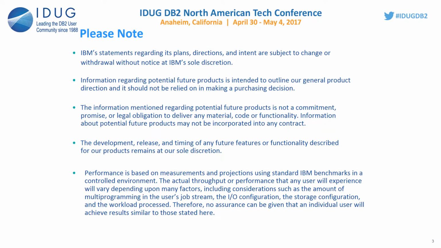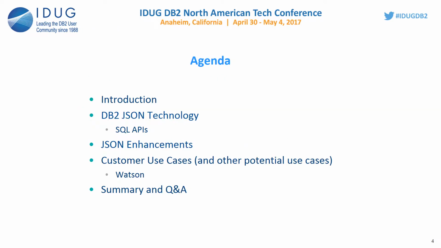So with that, the agenda is the objective. The first part is an introduction about JSON and the JSON technologies, like the SQL API we provide, which allows you to manipulate your JSON data inside Db2. We'll talk about the JSON enhancements.